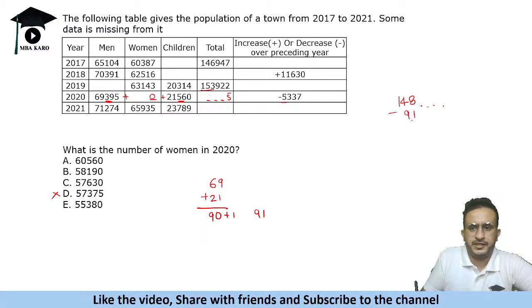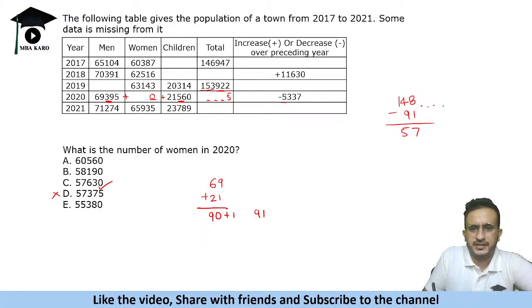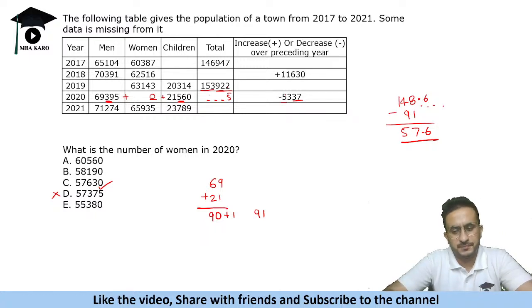Okay, 148 minus 91 is 57. So this will be our answer, 57,630. So 153 minus 5 is 148, and 900 minus 300 is 600. So 148.6 minus 91 is 57.6. So that is our answer.